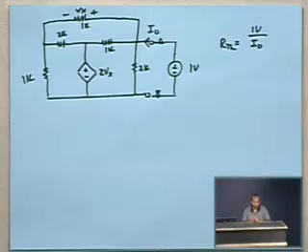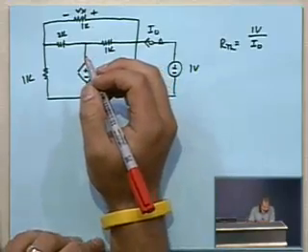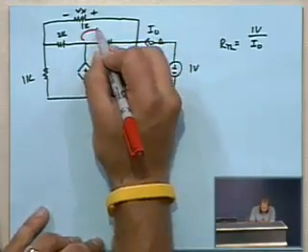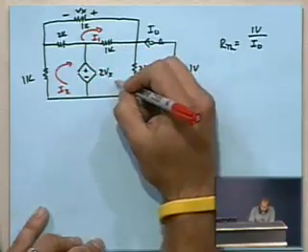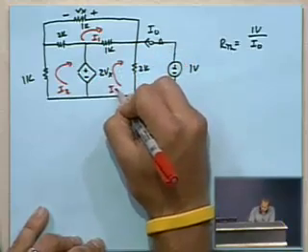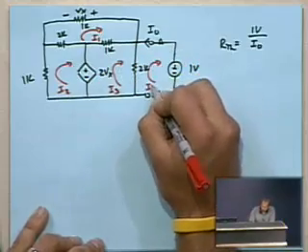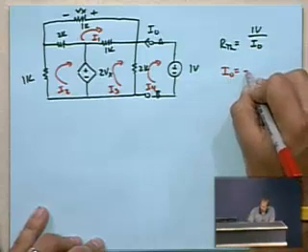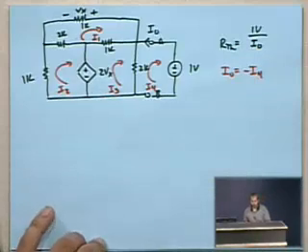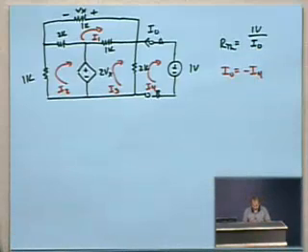Perhaps one of the easiest ways to do it is some kind of mesh analysis, because we want to solve for a current anyways. Let's call these I1, I2, I3, I4. The important thing to remember is that I0 is a negative I4, whatever we get from our analysis.